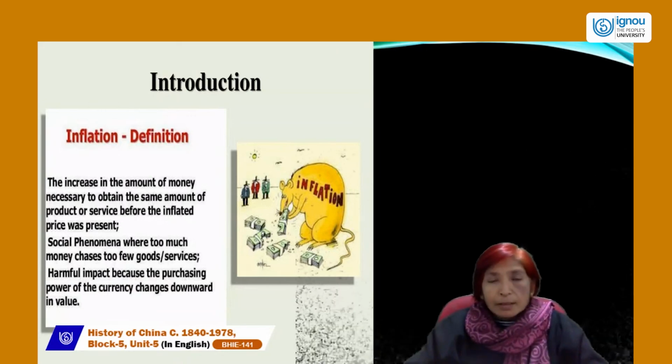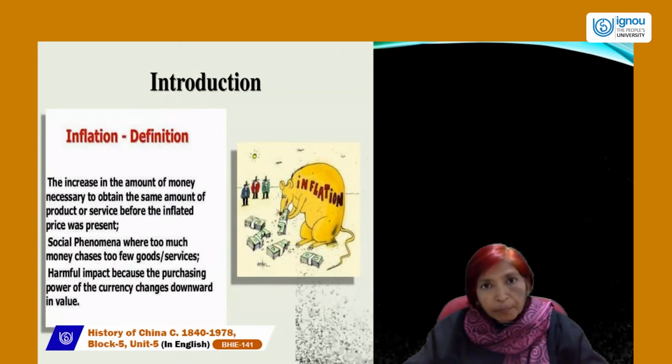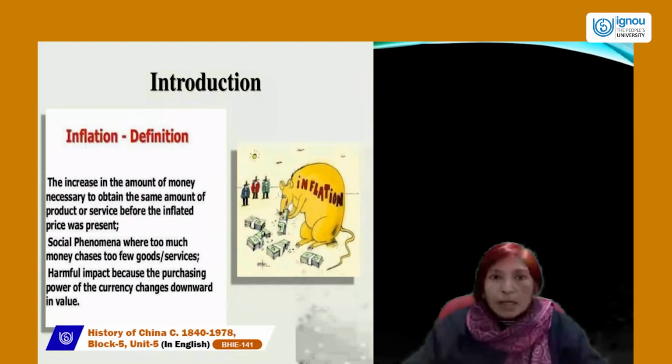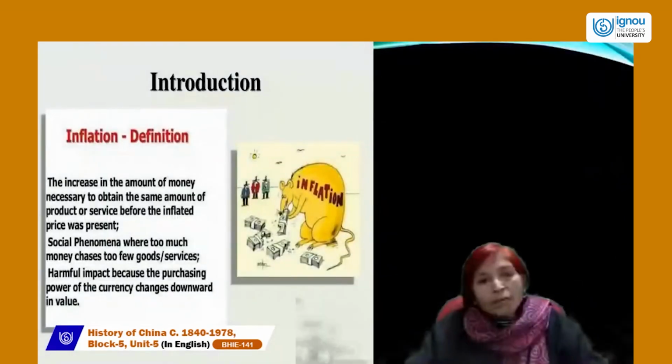But after that first 5-year plan, inflation has always increased. Inflation means an increase in the amount of money necessary to obtain the same amount of products or services that could be obtained before the inflated price was present. It is a social phenomenon where too much money chases too few goods and services.